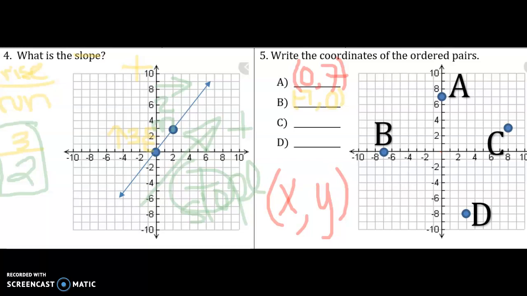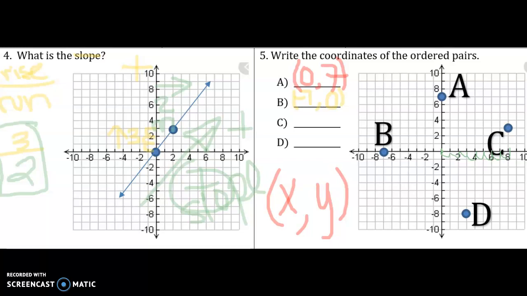So now we're going to go do C. So C, remember, we start at our origin. So to get to C, what are we going to do? Well, we are going to travel what direction, right or left? We are going to travel to the right. How many units? 1, 2, 3, 4, 5, 6, 7, 8 units.